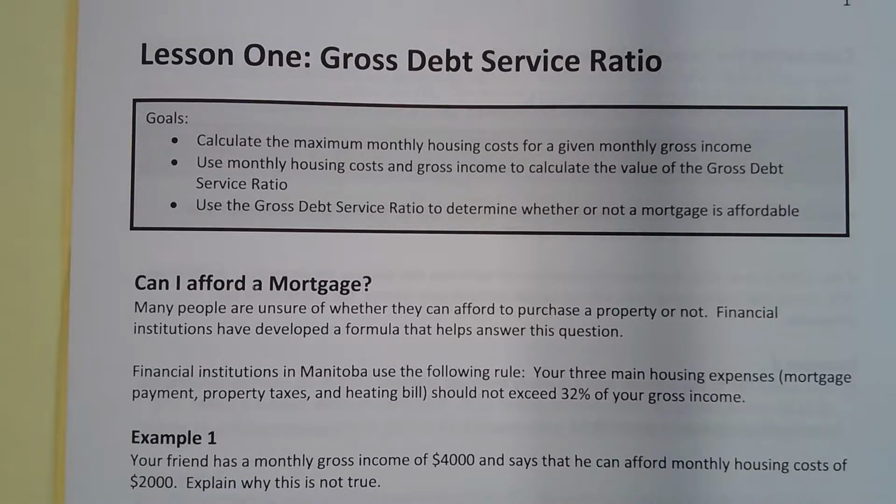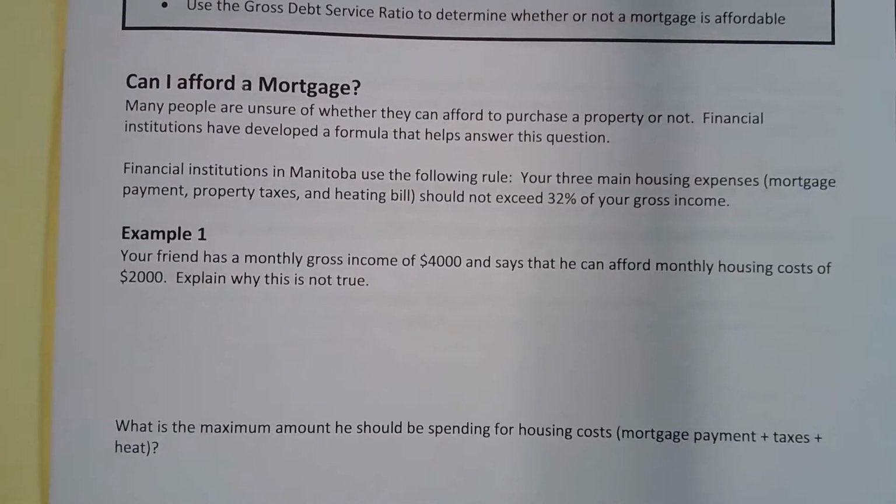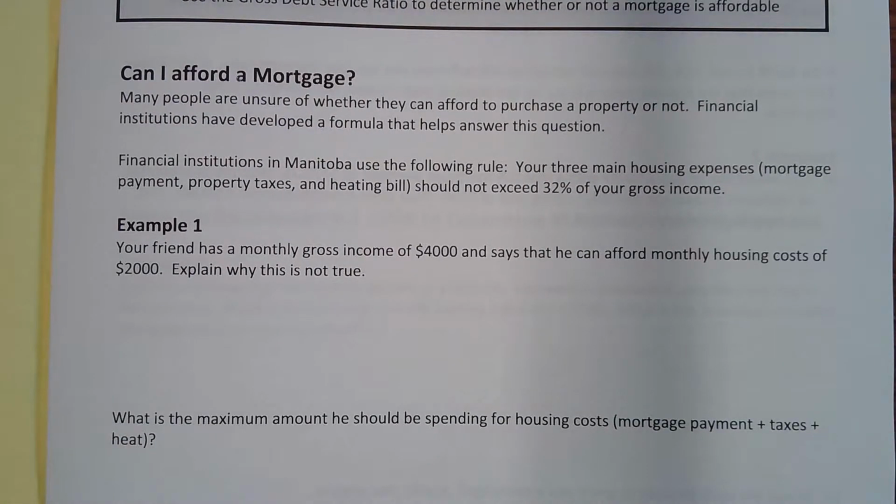So let's take a look at this part here. It says, can I afford a mortgage? Many people are unsure of whether they can afford to purchase a property or not. So financial institutions have developed a formula to help us determine if we are going to be approved or not.